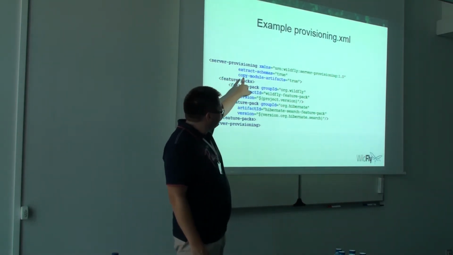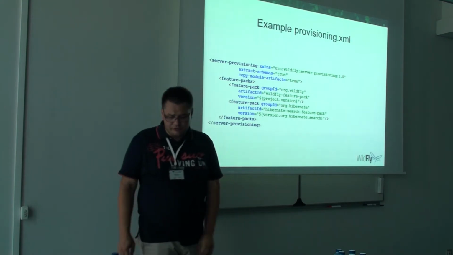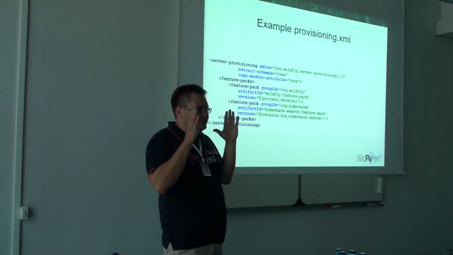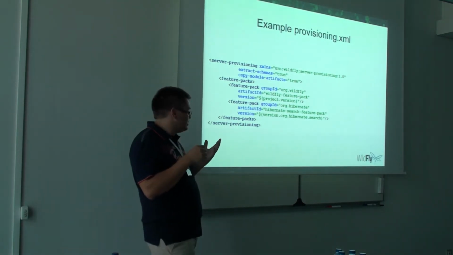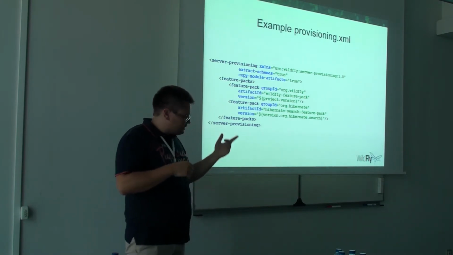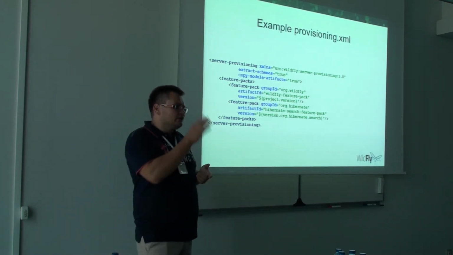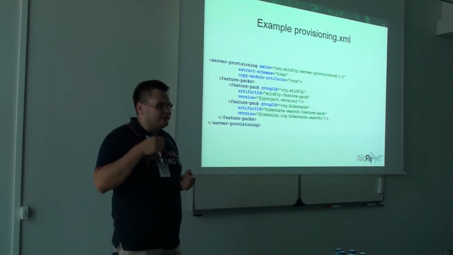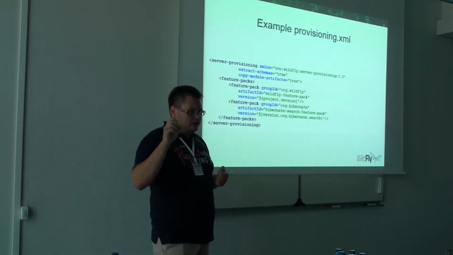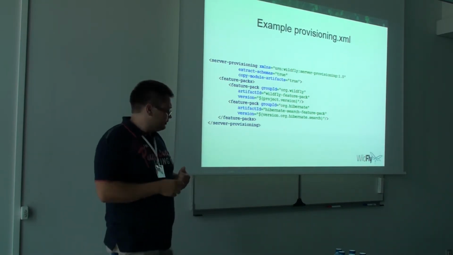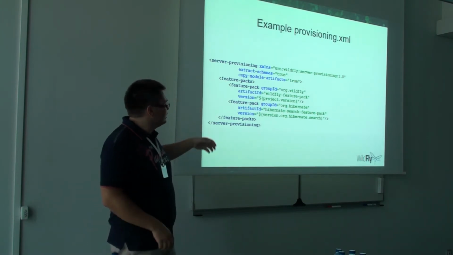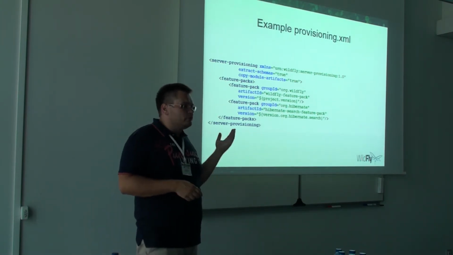And the other thing here is extract schemas, which is a documentation feature. So you can look in every JAR that is there when it's building the stuff. It looks for a schema folder, and if it finds any XSD or DTD files, it copies them to the distribution itself.